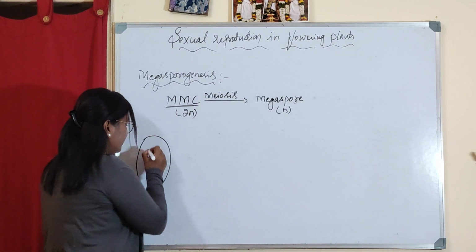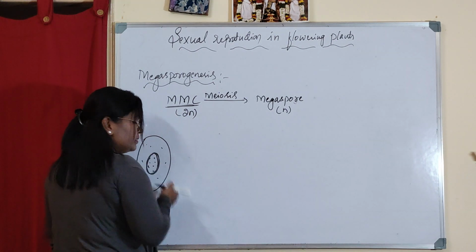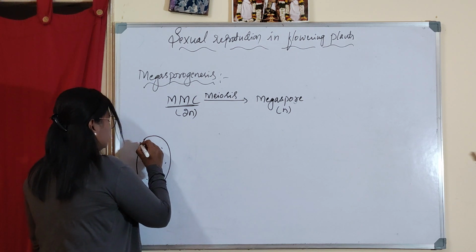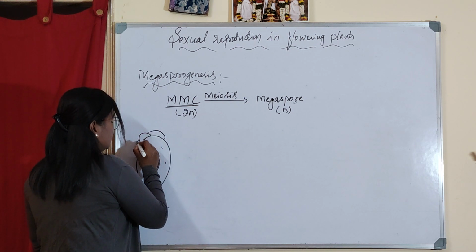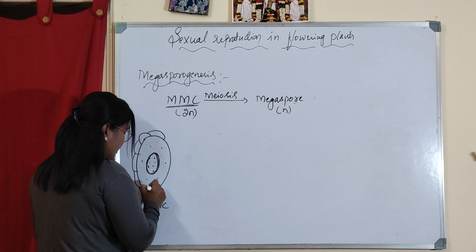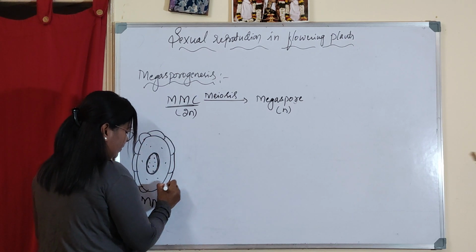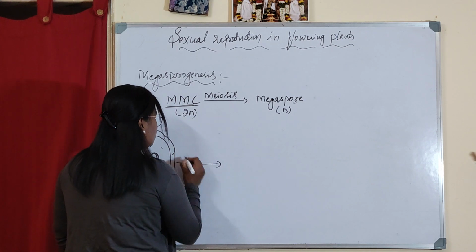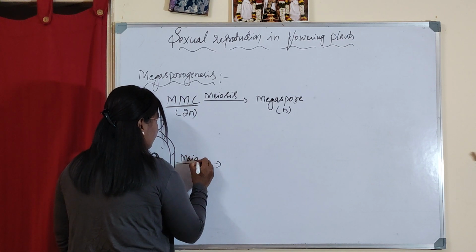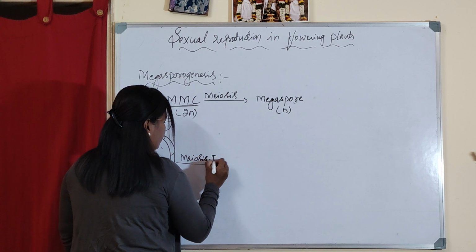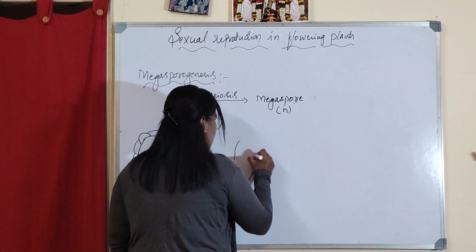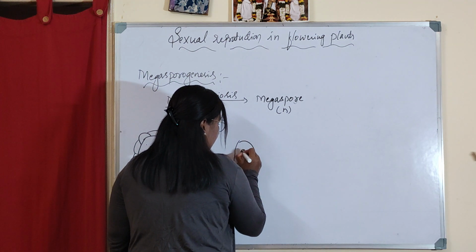This is the MMC, surrounded by the nucellar cells. It undergoes meiosis 1 and gives rise to the megaspore dyad, one and another one.